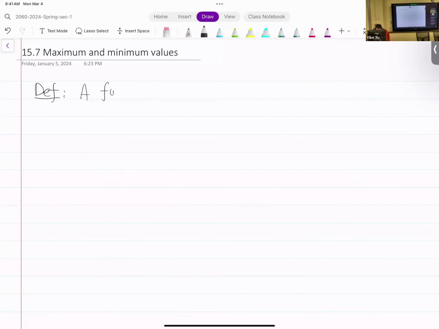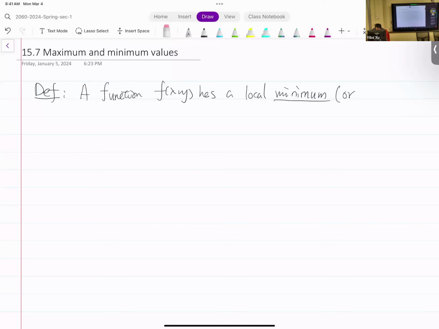A function f of xy has a local minimum here. I'm going to put the maximum case in the bracket.